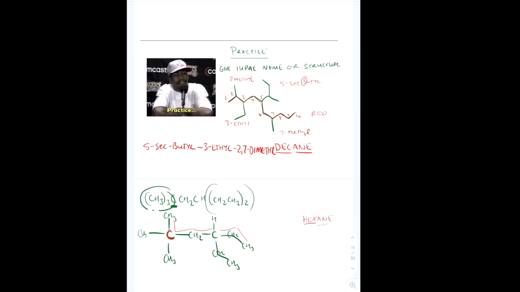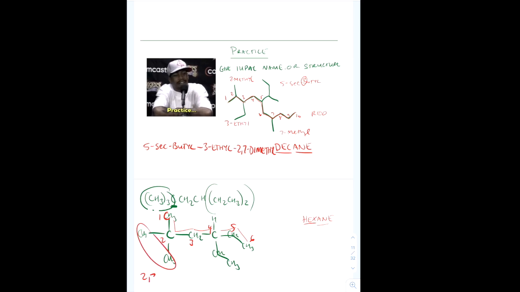So this carbon should be number 1, 2, 3, 4, 5. Oh, I'm tripping. Sorry, this is the first carbon. 1, 2, 3, 4, 5, 6.